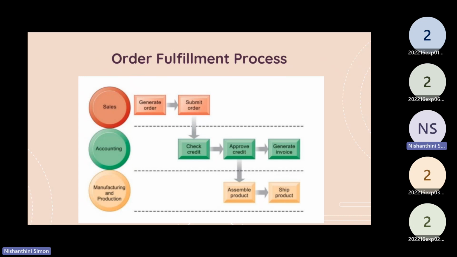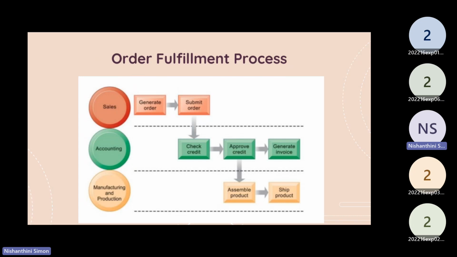The order comes to the sales division, where the customer places the order and they generate it. They submit the order to the accounting division, who check the credit, and if everything is okay on the customer side, they approve it. At the same time, they send it to manufacturing or production to start the assembling or the job, and meanwhile they generate the invoice.